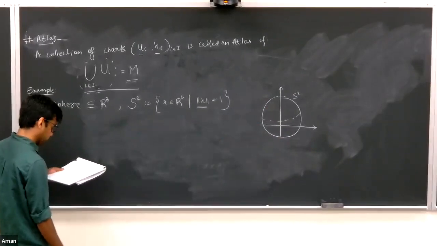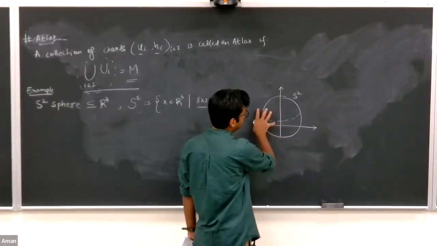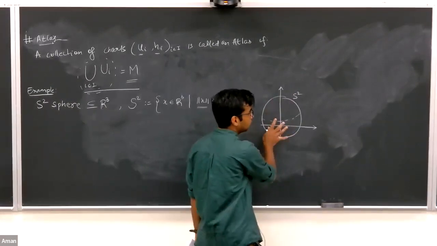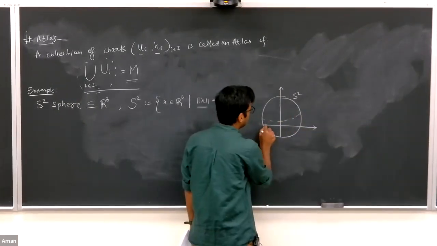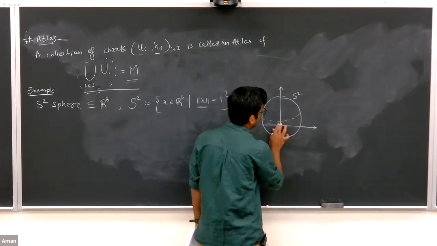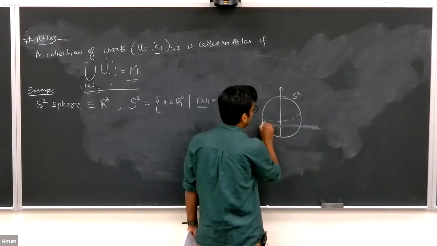Okay. So what we want now is a set of coordinate charts that map this surface onto the Euclidean space, right? So let's start by only looking at the southern hemisphere of the sphere.